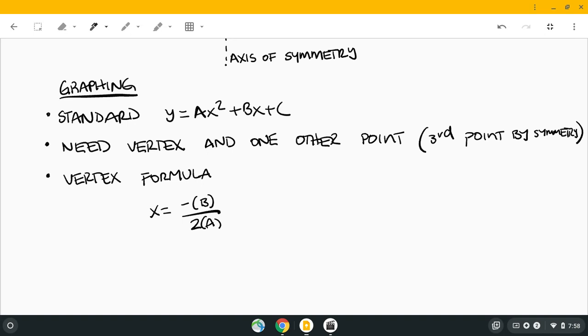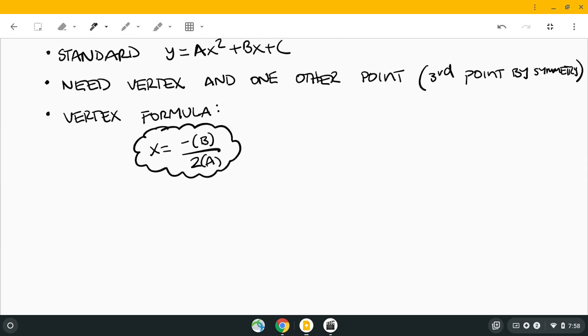And remember, the b and the a that you use come from the equation of the parabola. So this finds the axis of symmetry, and it also finds the x value of the vertex.